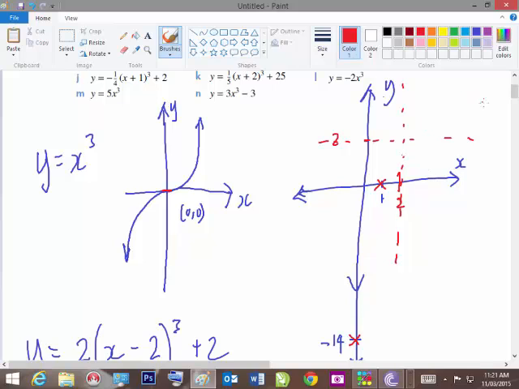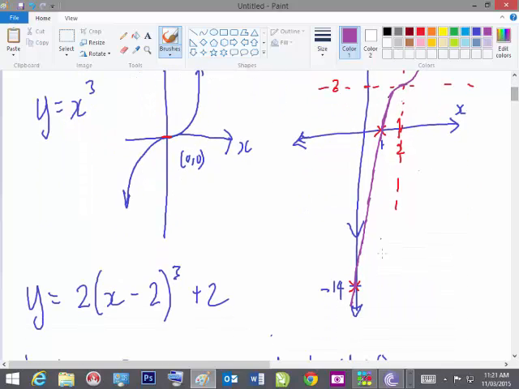Now I can draw my graph. Just like I said before, it's exactly the same graph, it doesn't change. I have a point of inflection here. It's going to go through that point and travel past the y-axis, crossing the y-axis at negative 14.